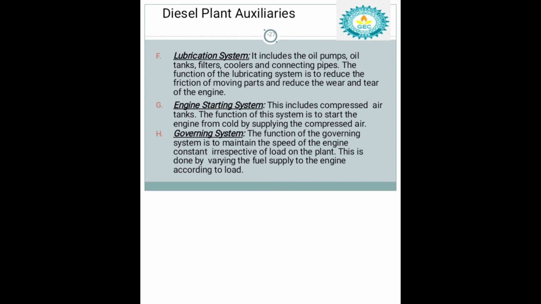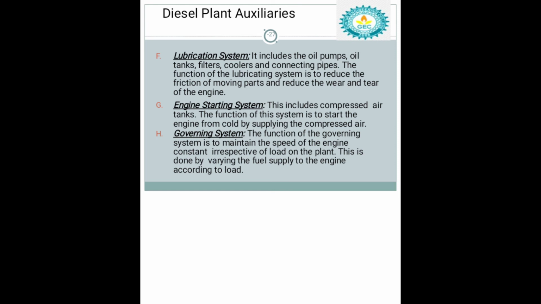A diesel engine contains mechanical parts. Those mechanical parts are moved by the supply of heat energy. You have to eliminate the friction between those parts with the help of the lubricant system.